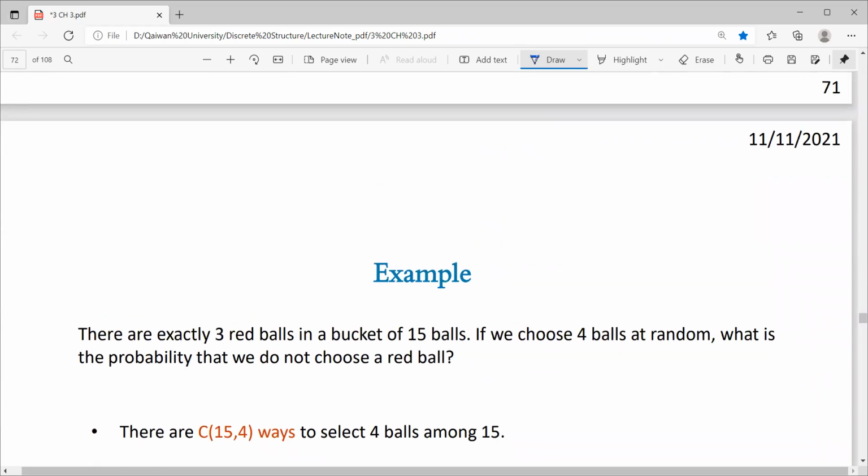And here we have another example about the same thing. It says there are exactly 3 red balls in a bucket of 15 balls. We have a bucket.